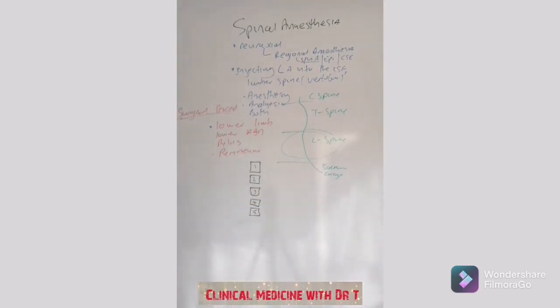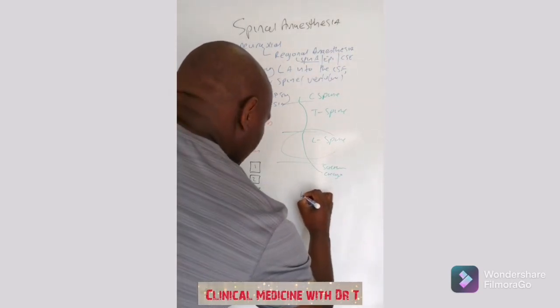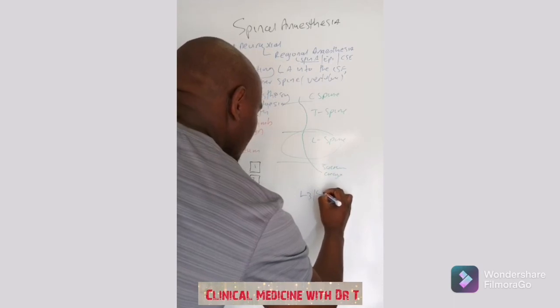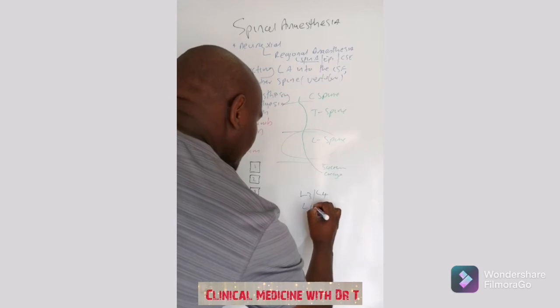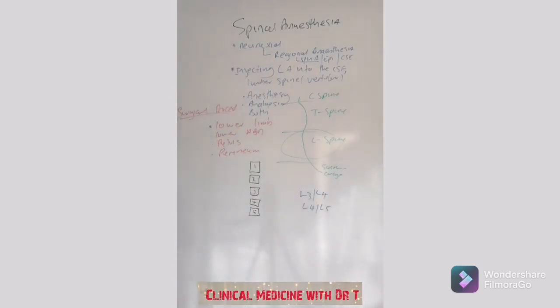When you do a spinal anesthesia, an ideal location is L3-L4, or L4-L5. And why is that?